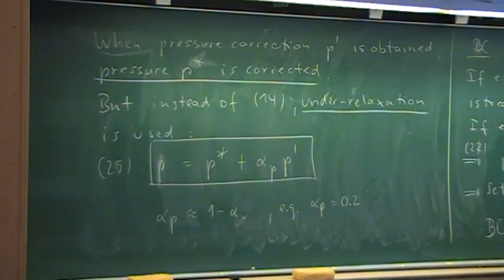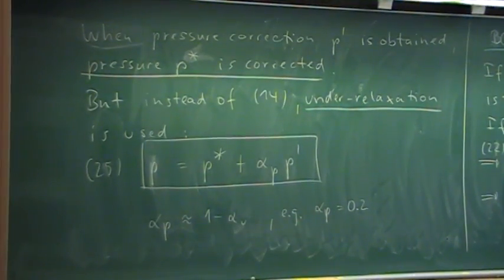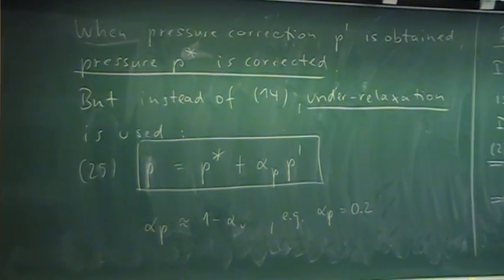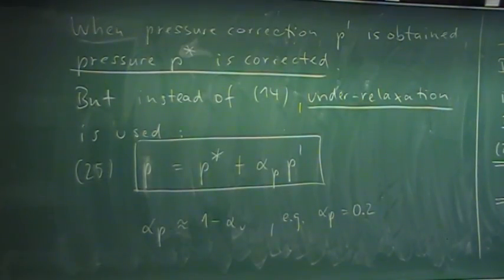If you try that, you can play around a little bit. Ferziger and Peric advocate alpha U of 0.7, and then they get 0.3 for alpha P.